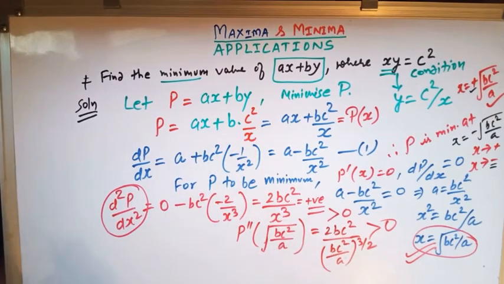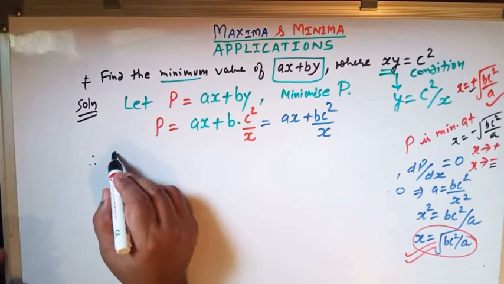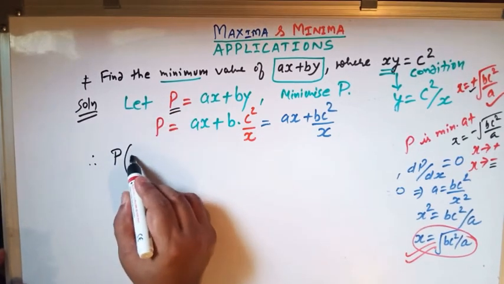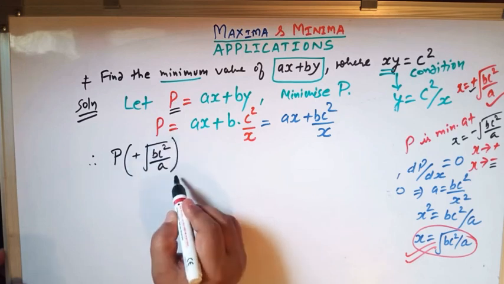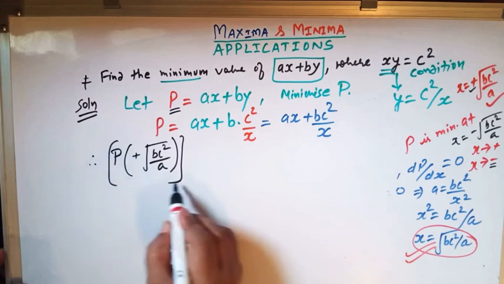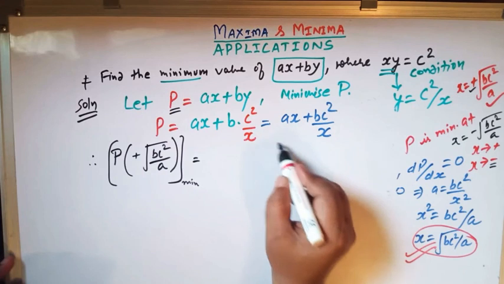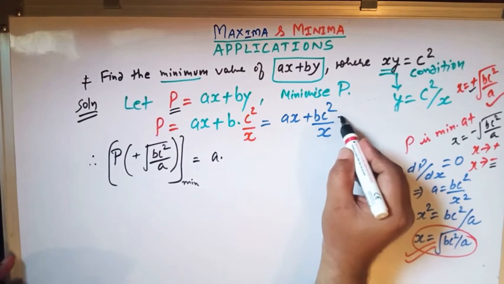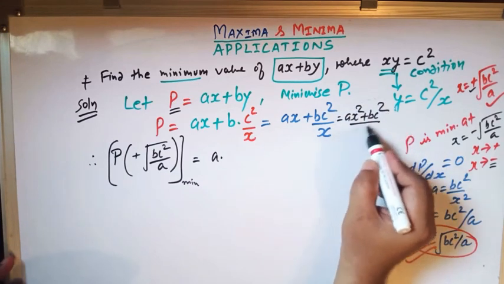Okay, so let us substitute x equal to plus square root of bc square over a in this expression here. Therefore we'll find the value of P at plus square root of bc square over a. This is the minimum value, and this is given by this expression. This expression can be written as ax square plus bc square over x.